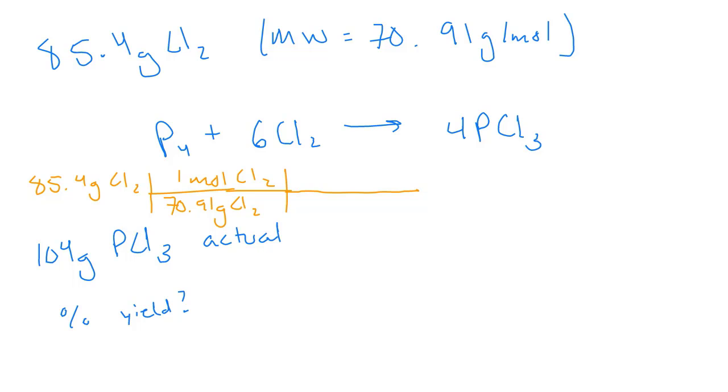So looking at the mole to mole ratio, let me pull out my pointer. We have 6 moles of Cl2 for every 4 moles of the product. Let's write that out: 6 moles of Cl2 for every 4 moles of the product, PCl3.